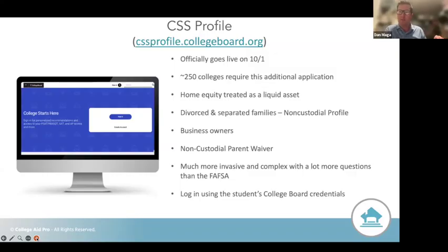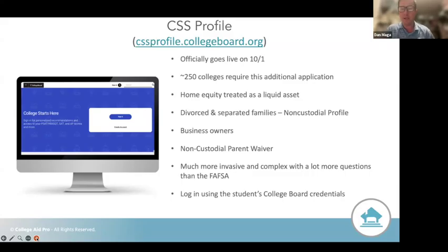But if the kid's applying to Northwestern, mom's still going to do the CSS profile with only her information, but then it's going to automatically trigger the ex, or the father in this example, to complete the non-custodial profile form. So for those divorced families, the FAFSA schools may only look at one parent's income, but for the CSS, they'll more than likely be looking at both.